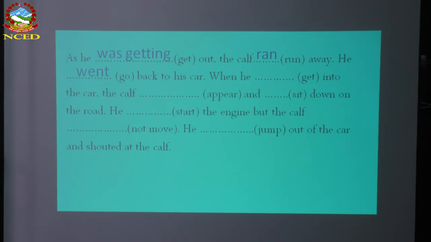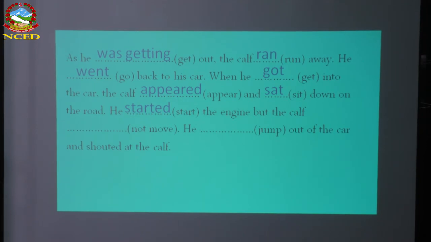Past form, went back to his car. When he got into the car, the calf appeared and sat down on the road. He start. So what is the verb we need to use? Started. The past form is started, the engine.